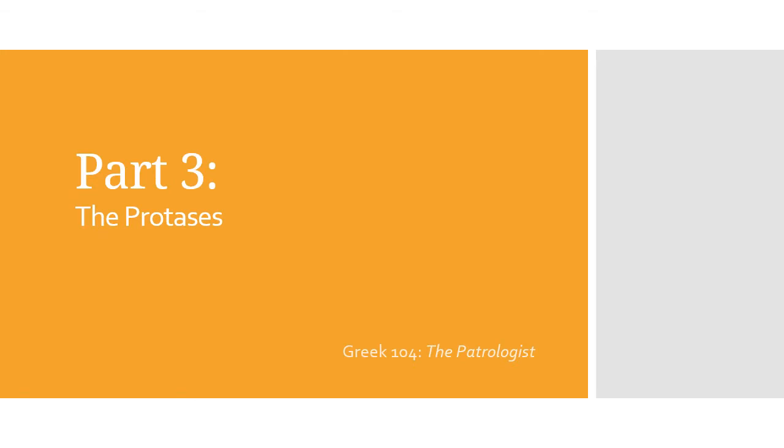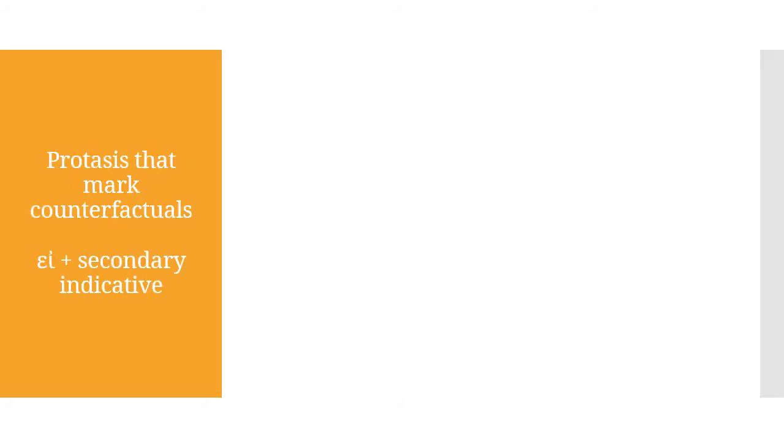Part 3, the protasis. So now we're on to the if part. So we're actually kind of functionally working backwards. Protasis that mark counterfactuals. These are ei with a secondary indicative. And so generally speaking, the protasis is always marked with a version of ei.